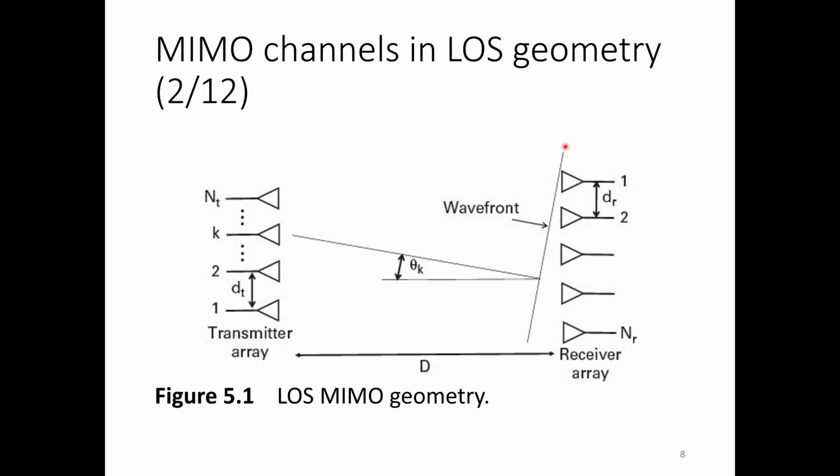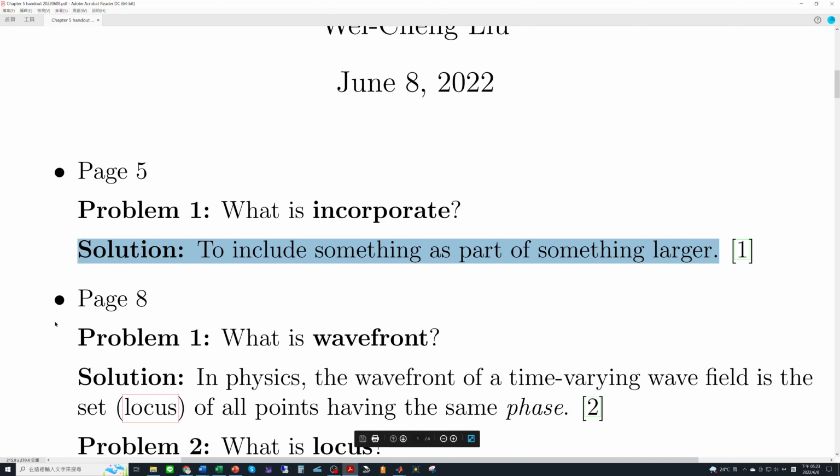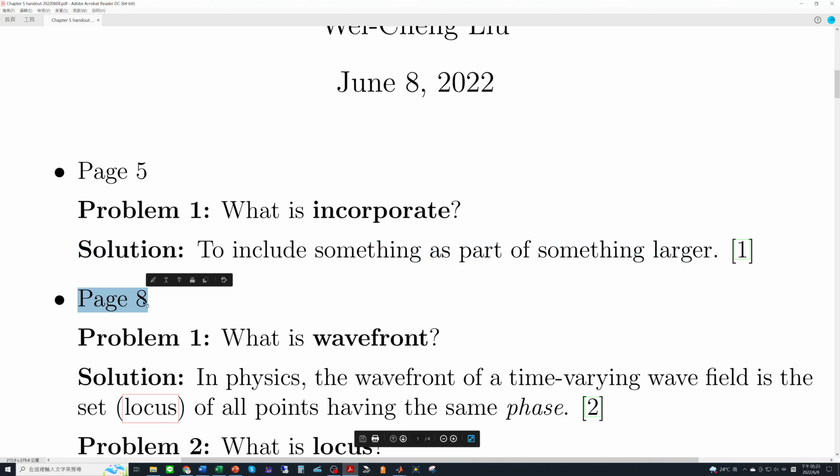And this line denotes the wave front. What is wave front? Let us see the handout. Page 8, problem 1. What is a wave front? Solution.